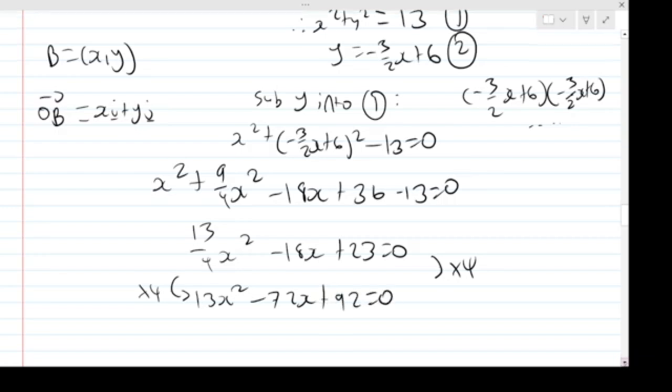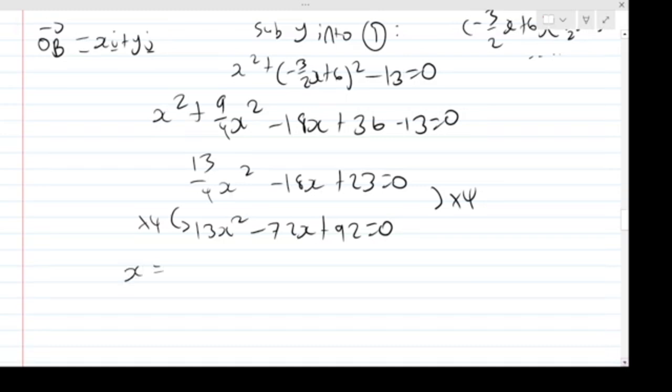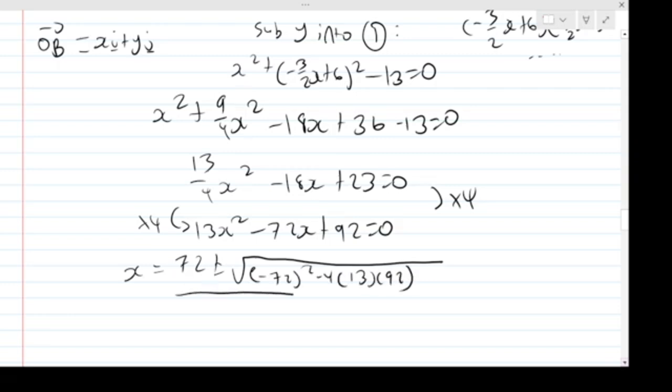And then I can perhaps just solve by the formula. So x is going to be 72 plus or minus the square root of (minus 72) all squared, minus 4 lots of 13 times 92, divided by 2 lots of 13. So just using the quadratic formula to solve this quadratic equation.